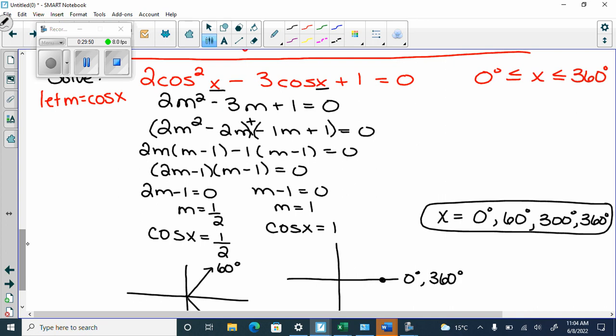So the only way you can actually type that into your calculator is you're going to go 2, and then cos, a bracket opens up, you're going to put an x, but I have to square it, so you actually have to have a bracket around it and square it. Because cos squared x is just 2 coses squared, and that's the only way you can type it into your calculator. So you're going to have to go 2, open bracket, cos, x, close bracket squared, minus 3 cos x, plus 1. So type that into your y equals, please.